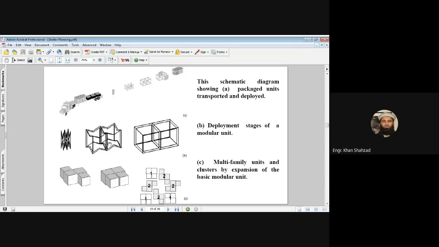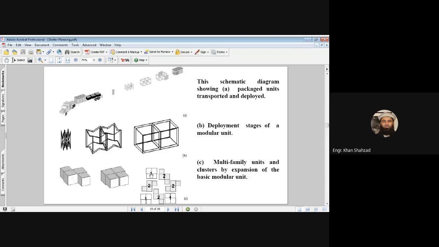So you can start constructing these prefabricated units, and then you can also make multi-family units and clusters by expansion of the basic modular unit. You can extend these units and connect them with each other.